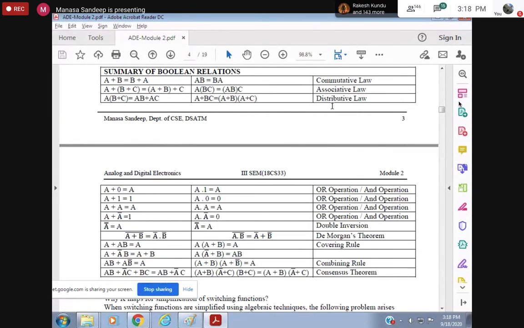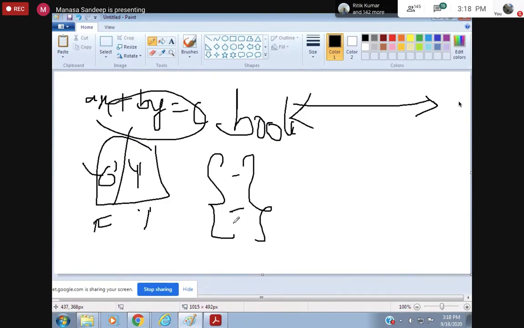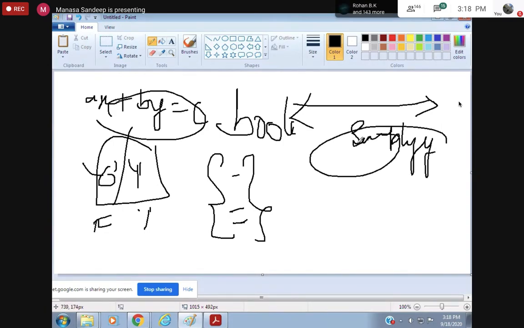Why are these relations used, or what is the use of these relations? When you have a Boolean expression, an algebraic expression, these laws will help me in simplifying it. Ma'am, why do you need this simplified expression? Sir, I need this simplified expression to build a logic circuit.